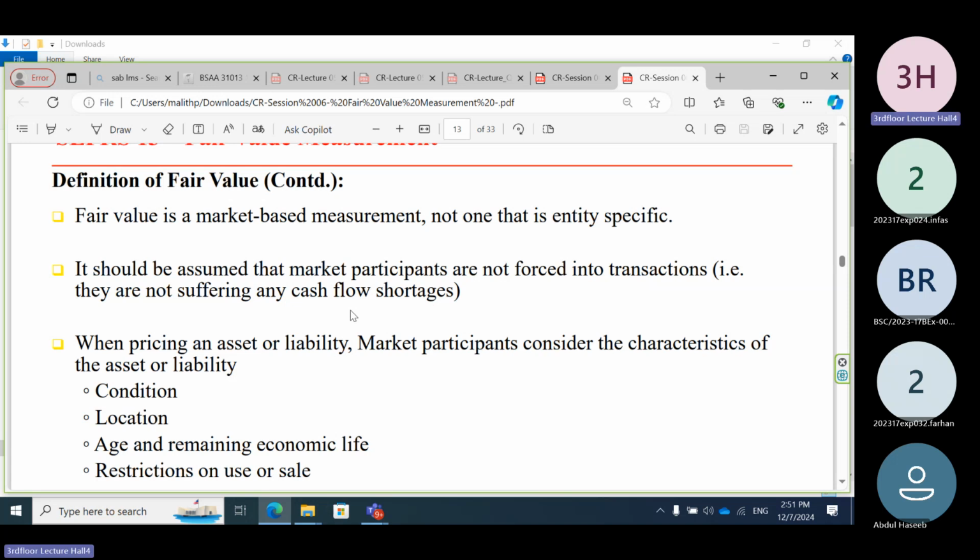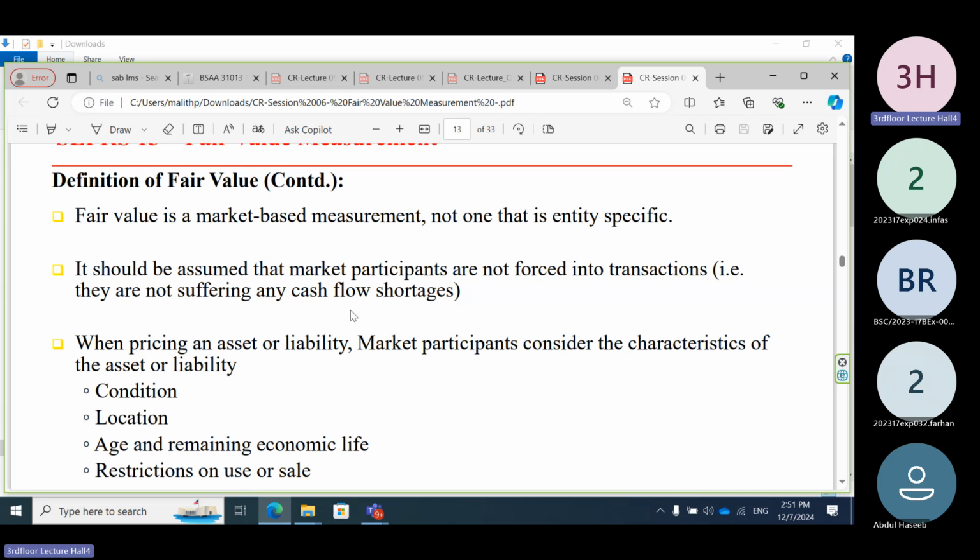Useful lifetime and the economic useful lifetime are two different definitions, right? Two different standards. For useful lifetime, you have to refer LKAS 16.